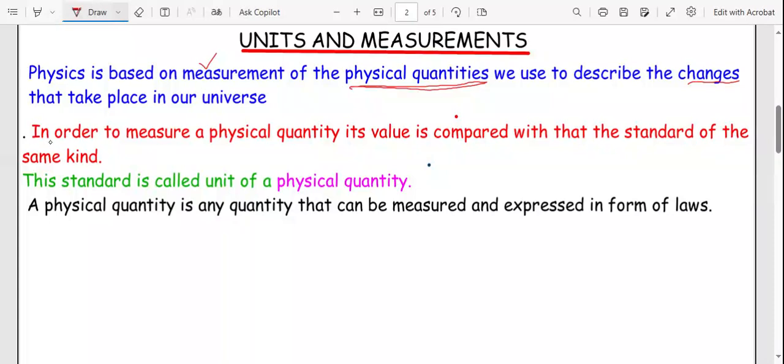So in order to measure a physical quantity, its value is compared with that of a standard of the same kind. So we'll be able to measure because, for example, we are saying the height of a table is 2 meters.